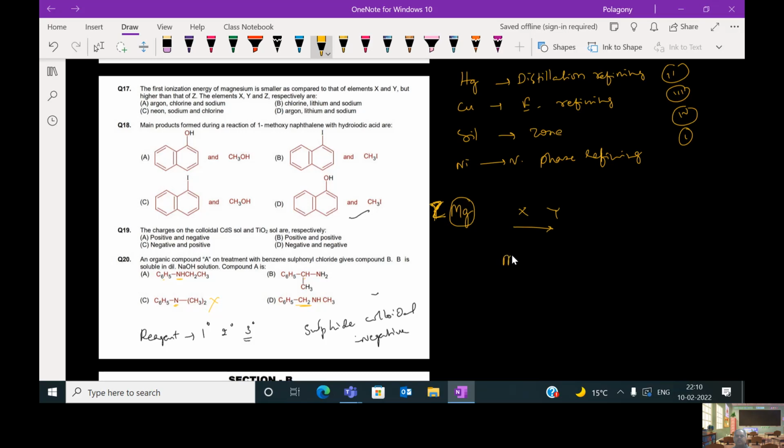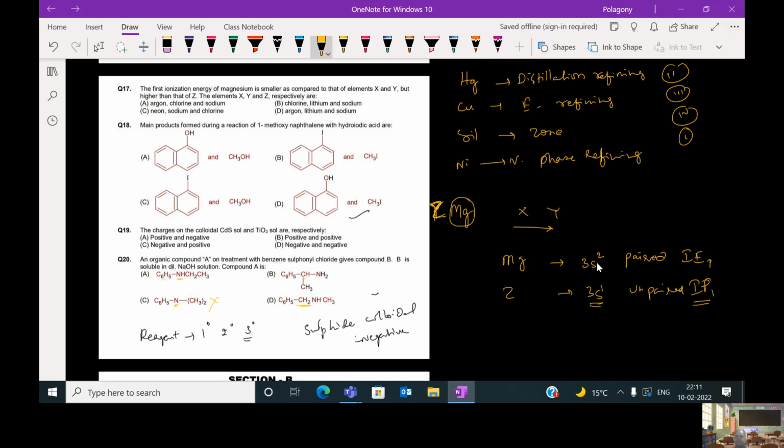Here magnesium's outermost electronic configuration is 3s2, so the outermost electrons are paired. So the first ionization energy is always more here, the I1 value is more. Then Z might be 3s1, unpaired, so the first IP value will be less.